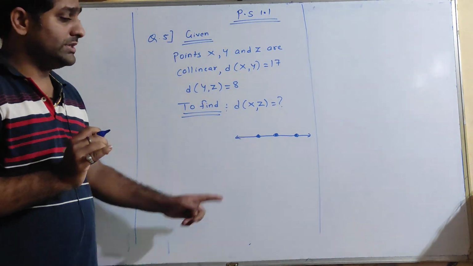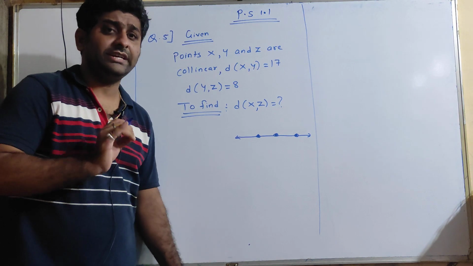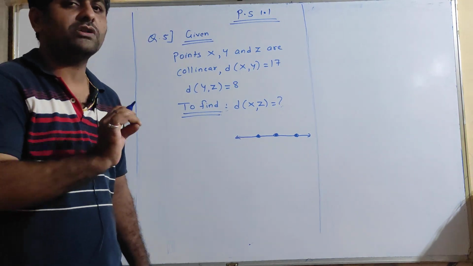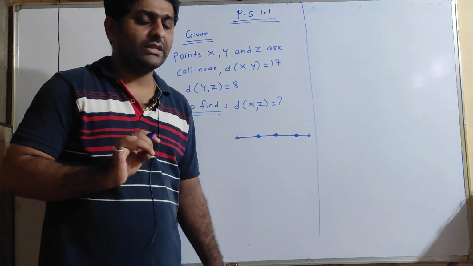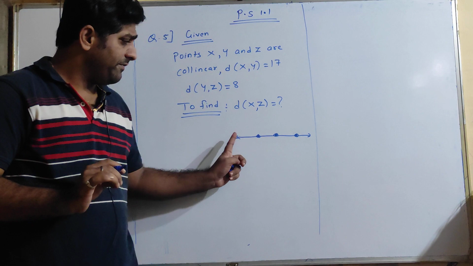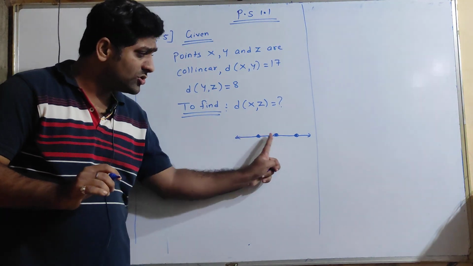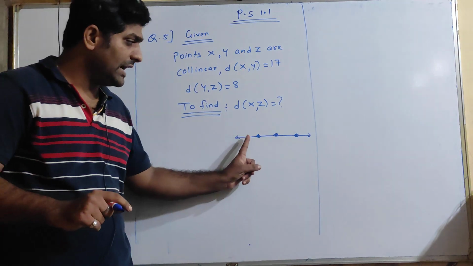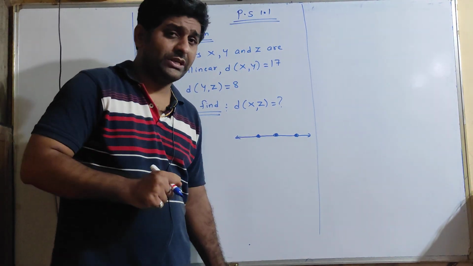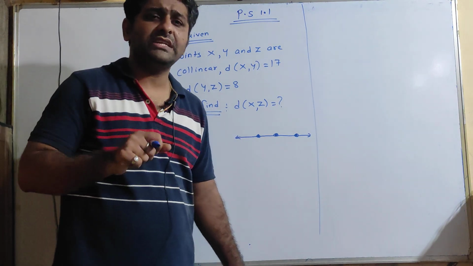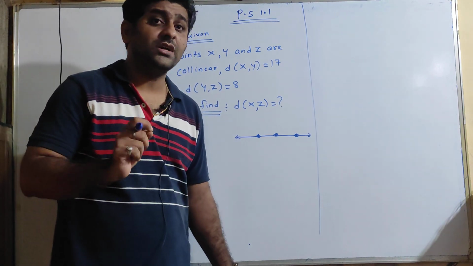And remember, if the points are collinear, there will definitely be a betweenness property among them. Let us recollect what I have said just now: if a line passes through a set of 3 or more points, then such points are termed as collinear points, and if the points are collinear, definitely there will be a betweenness property existing among those points.